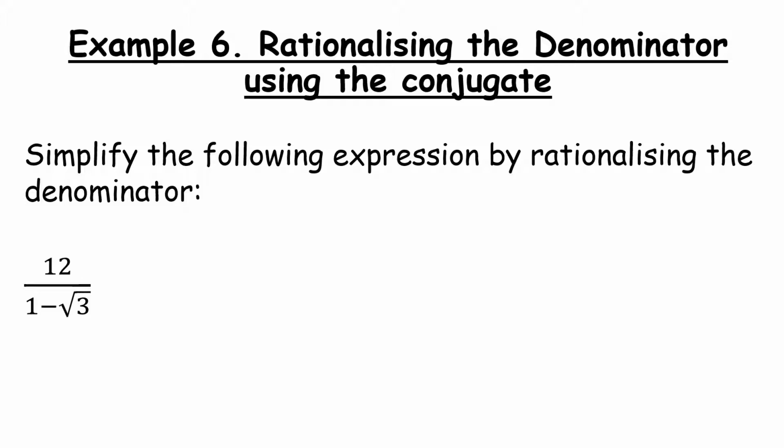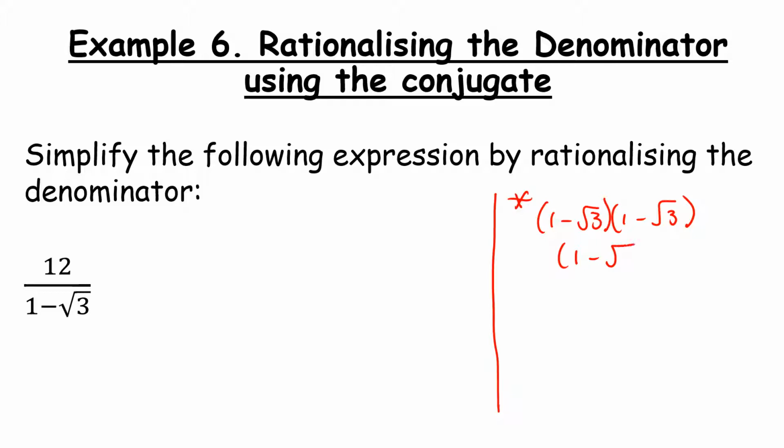So simplify the following expression by rationalizing the denominator. Now this is incorrect, so please don't write it down. But the biggest mistake students make is they say, well, if I have 1 minus root 3, simply squaring it will get rid of that square root. Okay, so multiplying it by itself. So think of that as 1 minus root 3 all squared. But actually, what happens when you square that?